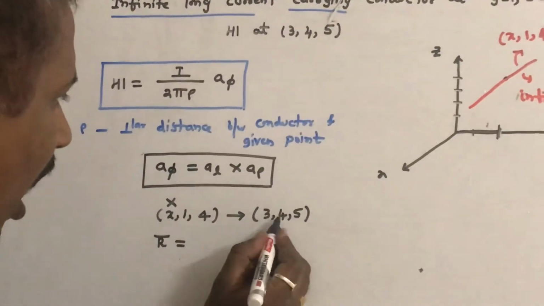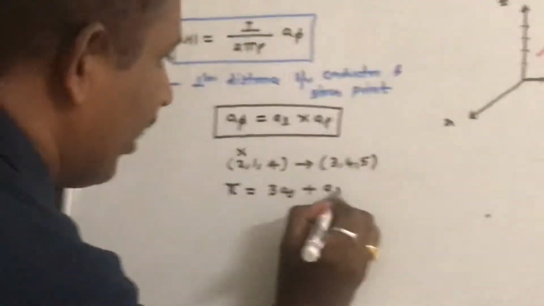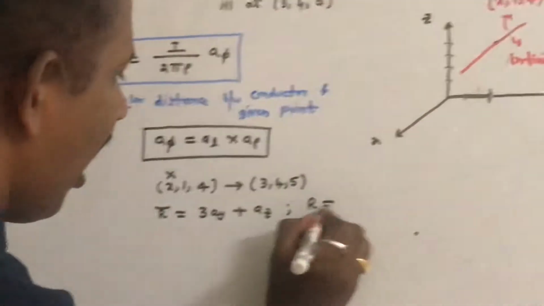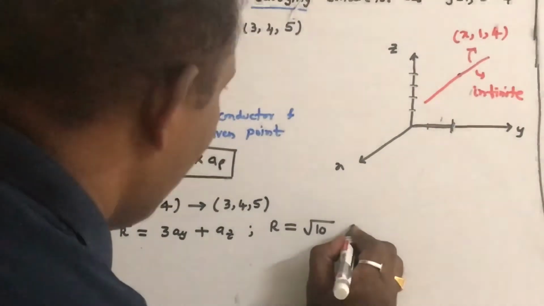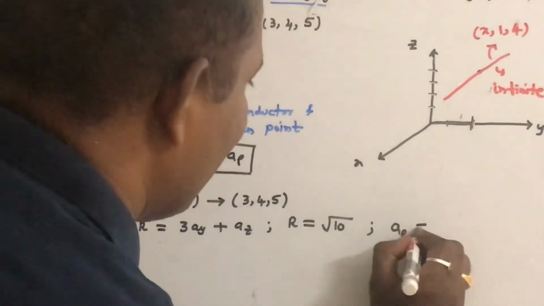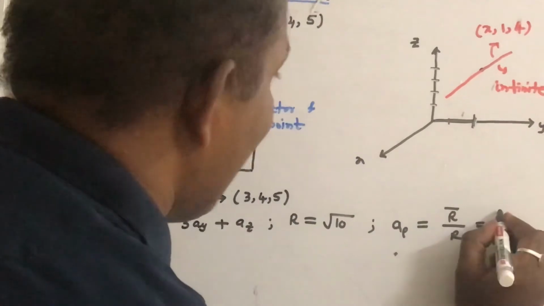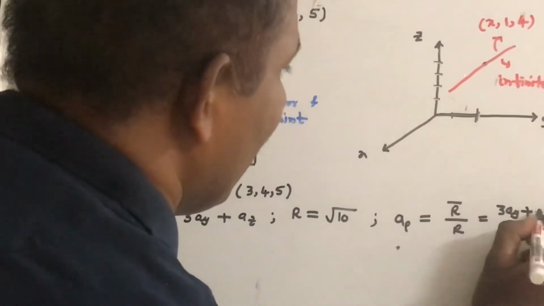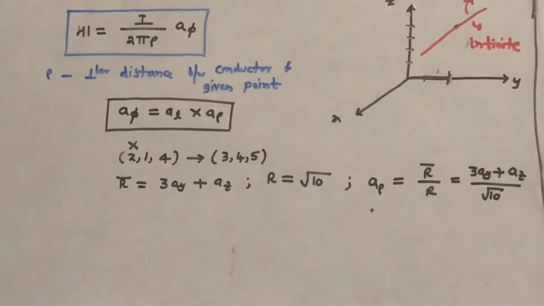Therefore r is equal to 3ay plus (5 minus 4) az, so r is equal to root 10. And a rho is equal to r bar by r, which is given as (3ay plus az) by root 10.